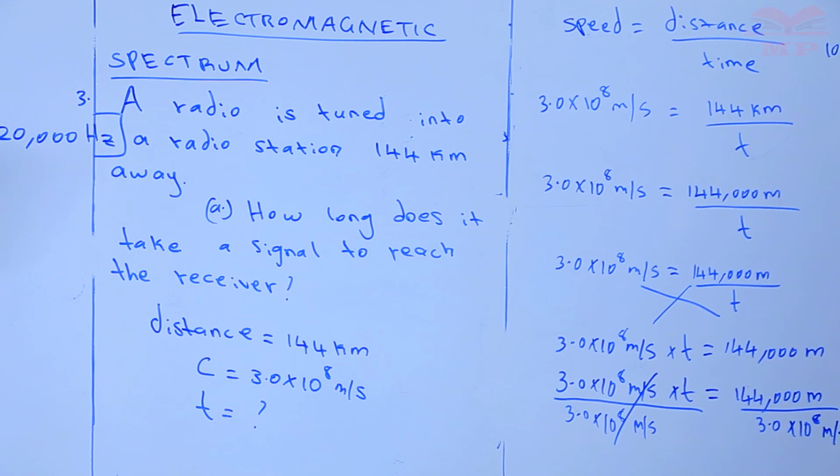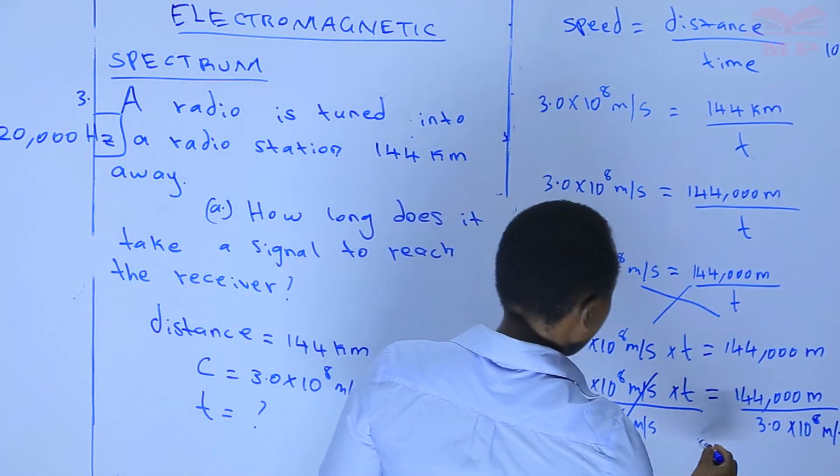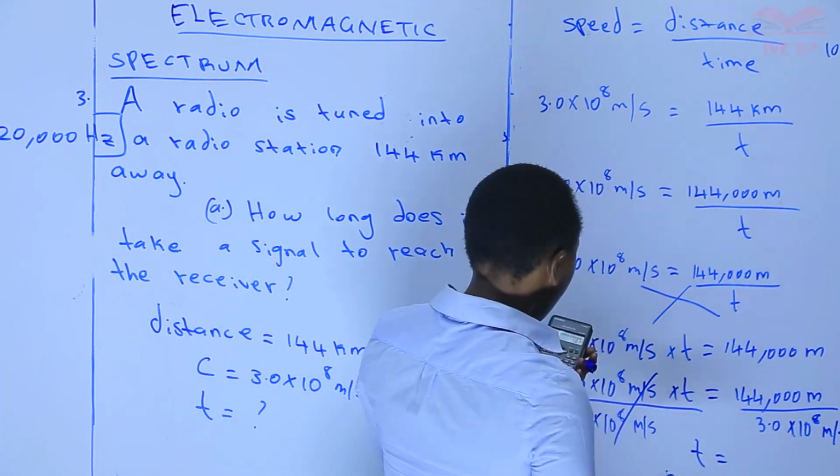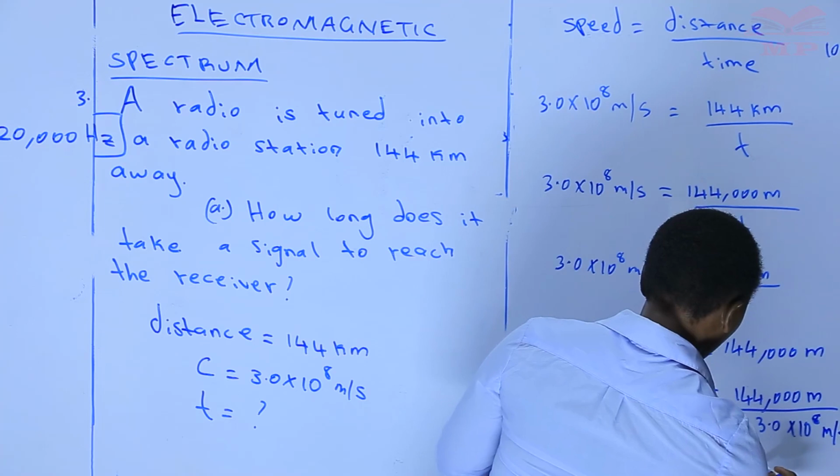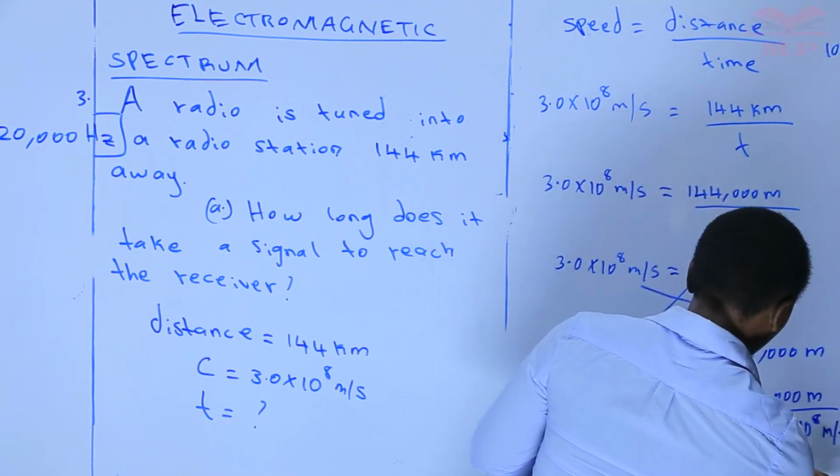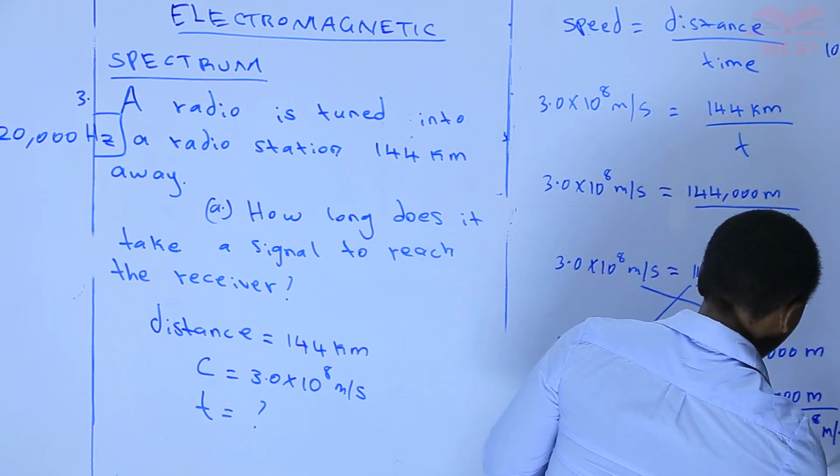So you just pick your calculator and divide. We have 144,000 divided by, you open the bracket, 3 times 10 power 8. So what do you end up getting? We end up getting that our t, which is now the time, is 4.8 multiplied by 10 raised to power negative 4.